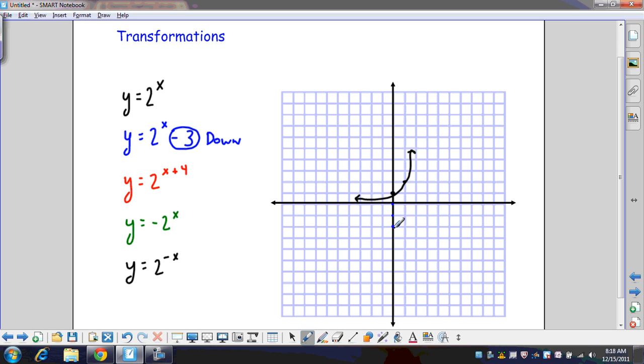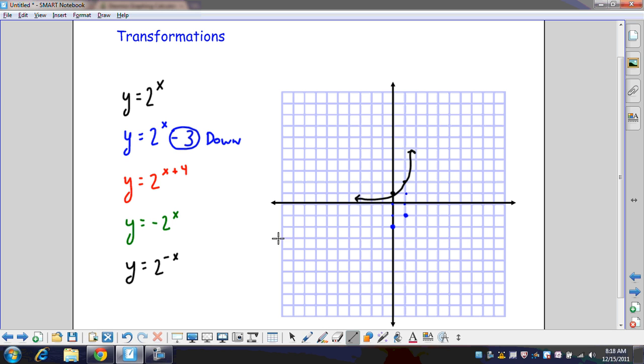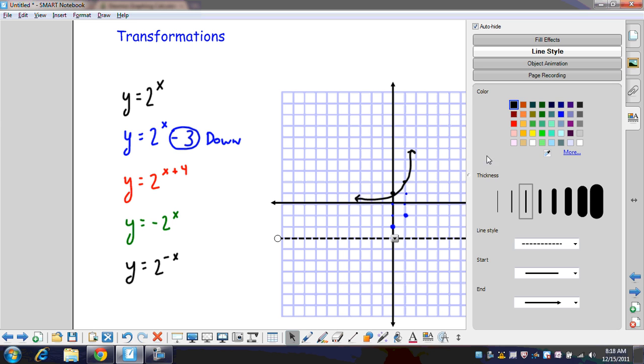So that's going to force my two key points to go down 3. So I'm simply going to take my two key points and move them down 3. 1, 2, 3. And 1, 2, 3. Now the other thing I want to take into account is since I've shifted my two key points down, my asymptote has to move as well.